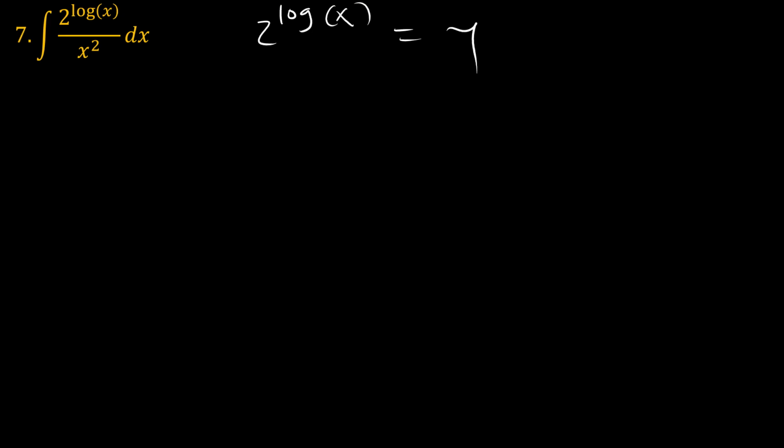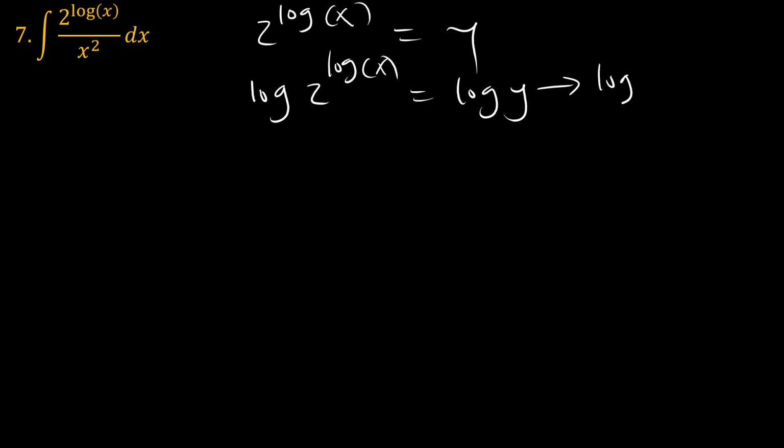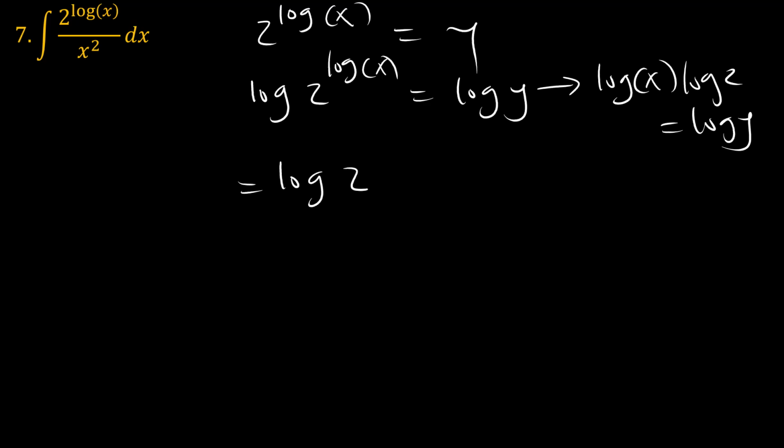Let's take this to be y, such that log, natural logarithm of 2 to the power log of x is equal to natural logarithm of y, meaning that log of x times log of 2 is equal to log of y.